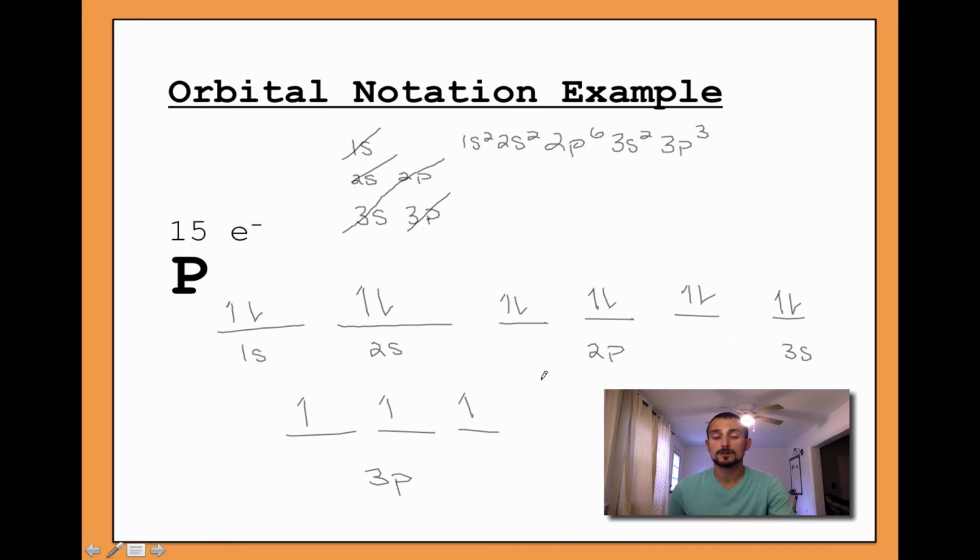Except when we get to the third energy level, we have 3 half-filled orbitals. So if you're ever asked a question or need to figure this out, orbital notation gives you a better idea about specific orbitals. So I hope you found this video helpful. It kind of doesn't go into any exceptions or noble gas configurations, but it should help to clarify your understanding of orbital notation and electron configuration.